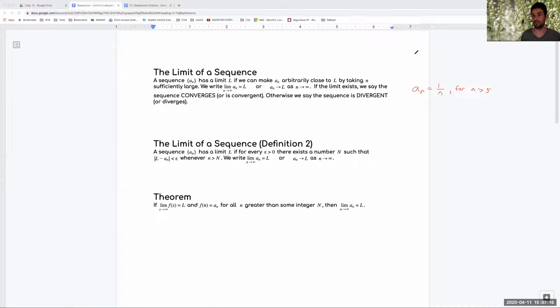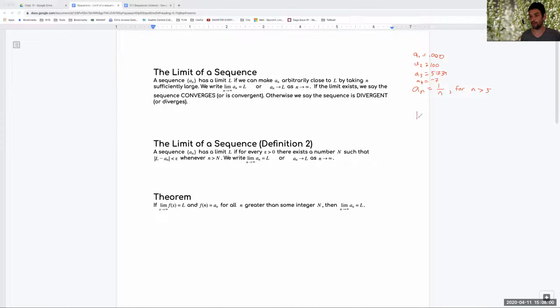And maybe I just decide for some reason that a sub 1 is equal to 1,000, a sub 2 is equal to 100, a sub 3 is equal to 5,739, and a sub 4 is equal to -7. These a1 through a4 are just arbitrary numbers that I picked, but after that it turns into the sequence 1 over n for n greater than or equal to 5.